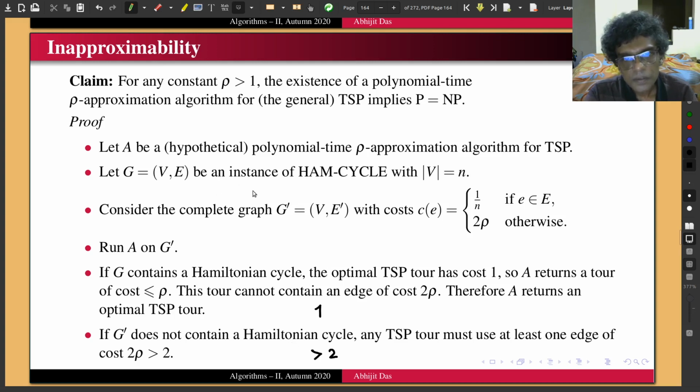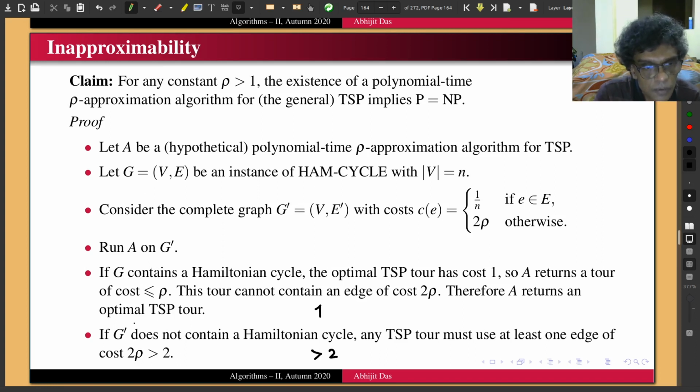If this is a polynomial time algorithm, this reduction also takes polynomial time, and then it's just a matter of looking at the cost of the cycle returned by A. That is also polynomial time.